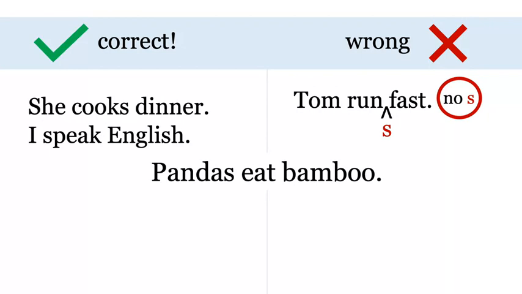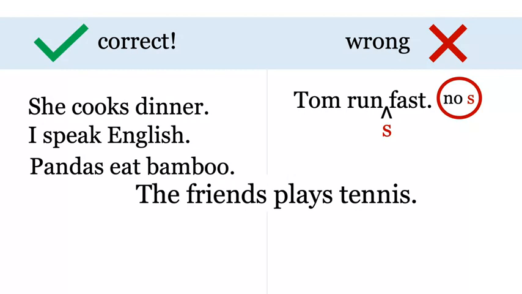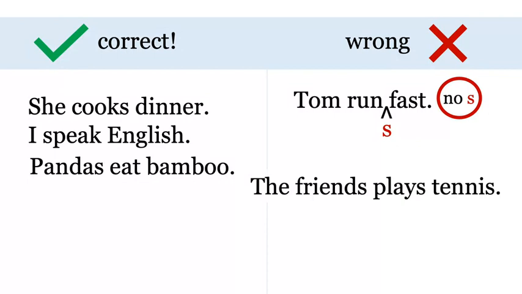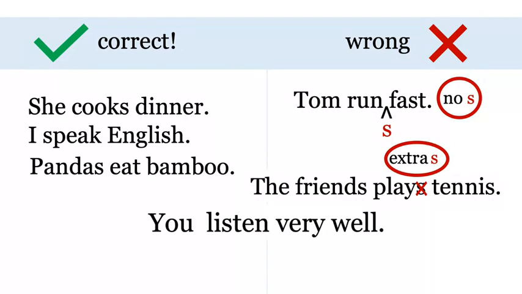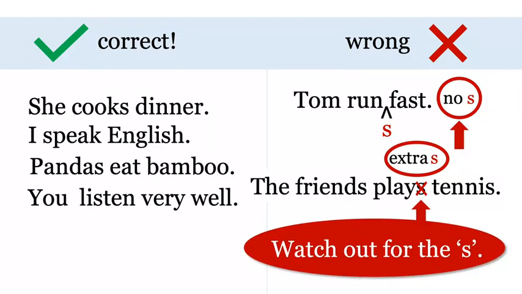Pandas eat bamboo. Yes, that's correct. The friends plays tennis. Nope. This has an extra s. We don't want s on plays because the friends is third person plural, like they. You listen very well. Yes, that is correct. Remember, watch out for the s endings for the third person singular form in the simple present.